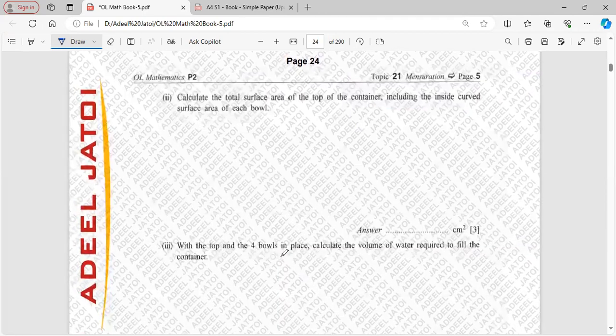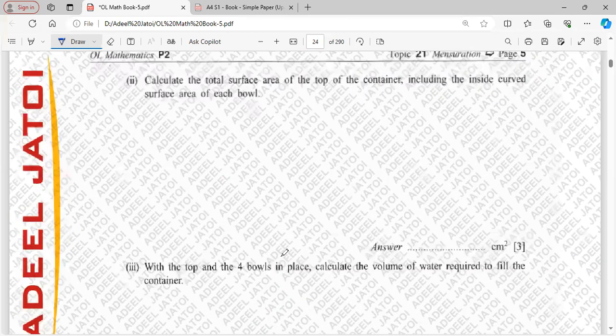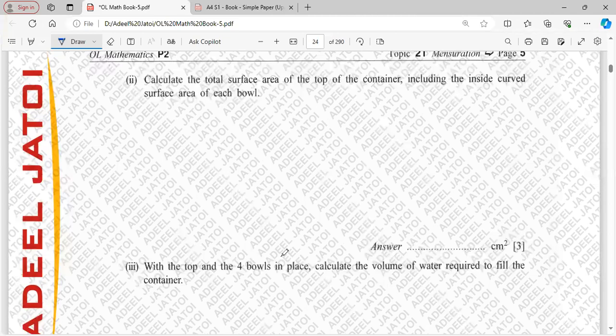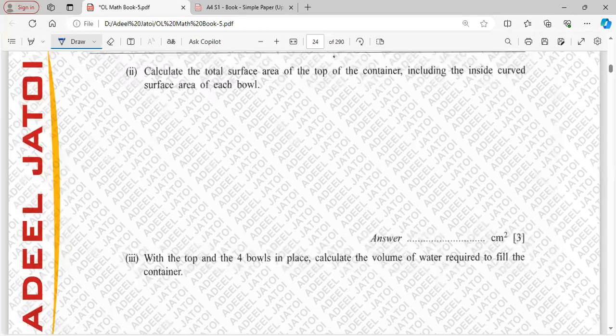Now in part 2, calculate the total surface area of the top of the container, including the inside curved surface area of each bowl.